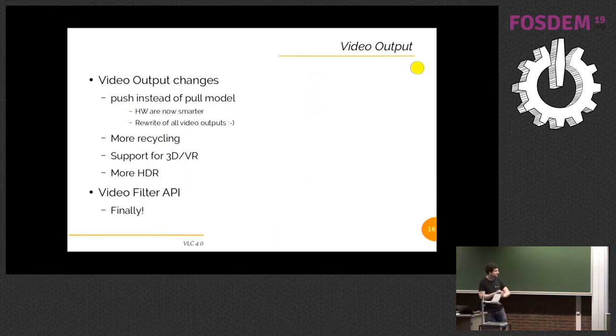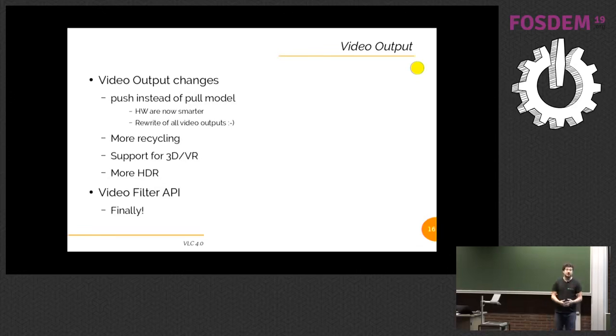Okay, video output. Currently in VLC, we take the decoders, we take the frames from the output, and ask the video output, what do you support? And it's going to say, well, I only support I420 and YV12. And then we did a picture pool there, and then we went back to the decoders and to all the filters.